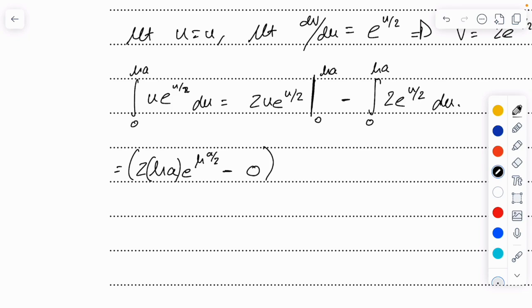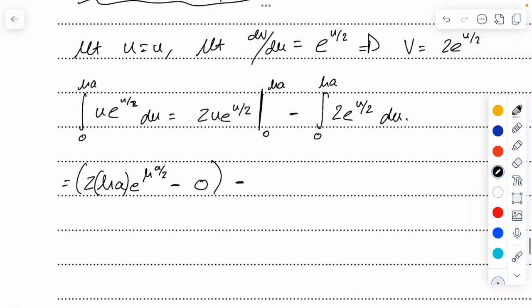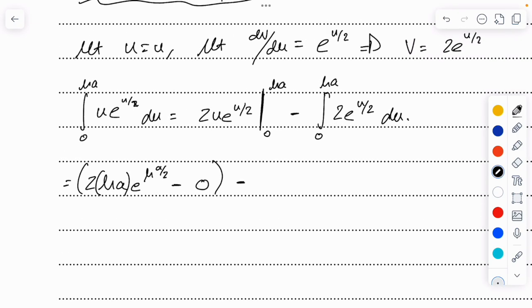Okay, minus, and that's what this represents, minus 4e to the u over 2, and that's going to be integrated between 0 and ln a. Okay, so you integrate this, it's 2e to the u over 2 divided by a half, so you just get the 4 there.